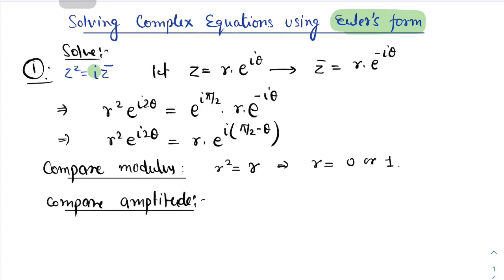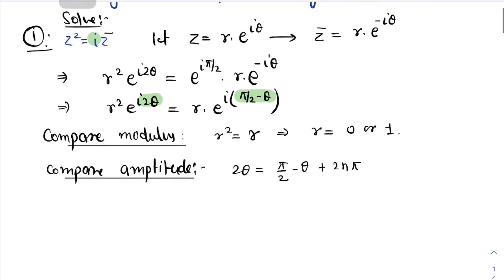what do we get? By comparing amplitude, we get 2 theta is equal to pi by 2. This is amplitude, the part that is written beside iota in the power of e. So 2 theta is equal to pi by 2 minus theta, but we know that by comparing amplitude we always write 2 n pi here, where n is some integer.